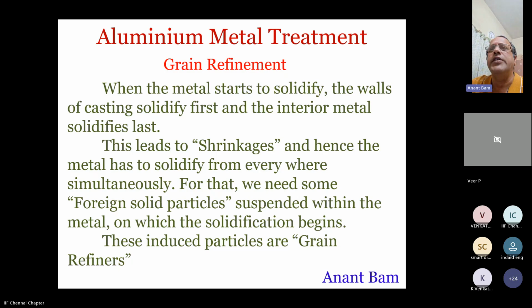Whenever a metal solidifies, the solidification begins from the mold wall. And from there, the solid front progresses to the interior of the casting, to the center of the casting. Naturally, whenever there is thermal expansion, conversely, there is thermal contraction. So liquid to solid contraction exists in all metals.